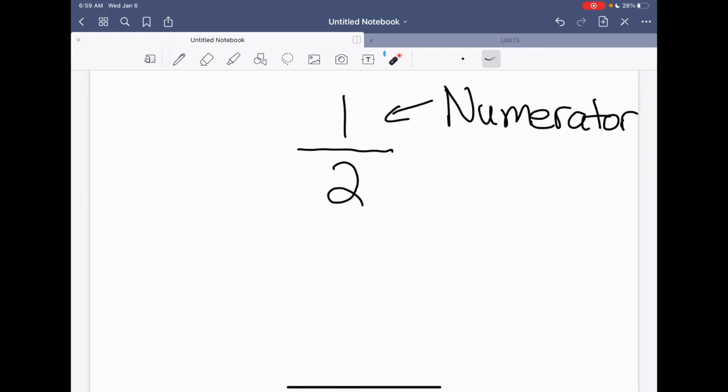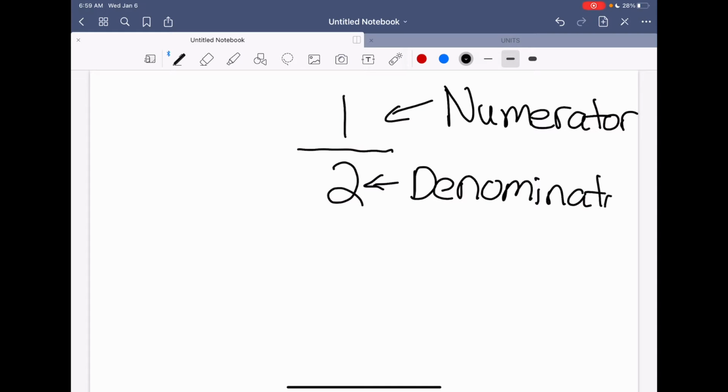The bottom number, the 2, is called a denominator. Let's read that together. Denominator. Again, denominator. So a fraction has two parts.